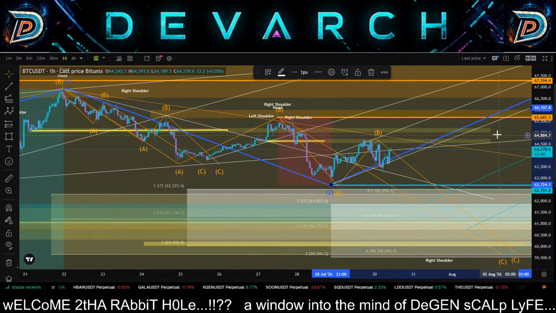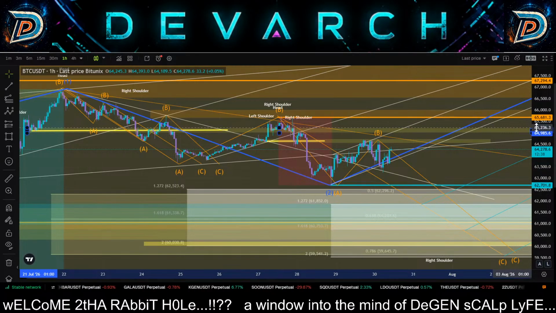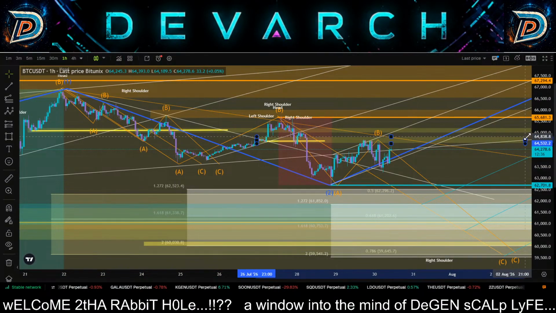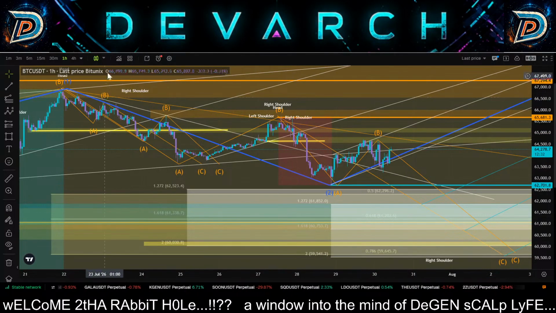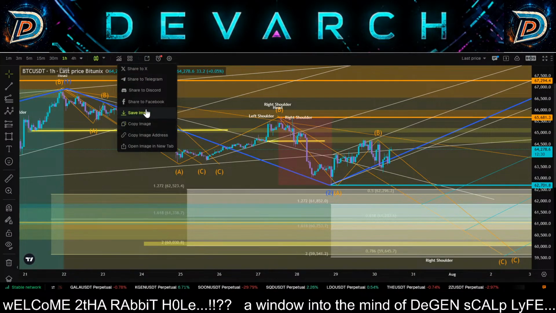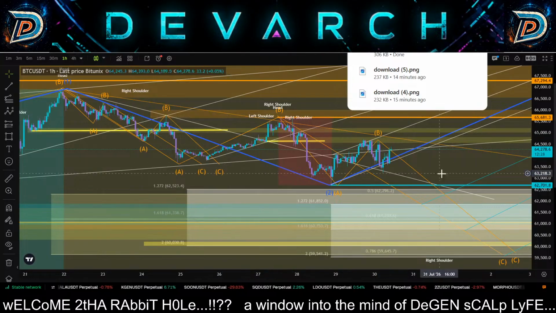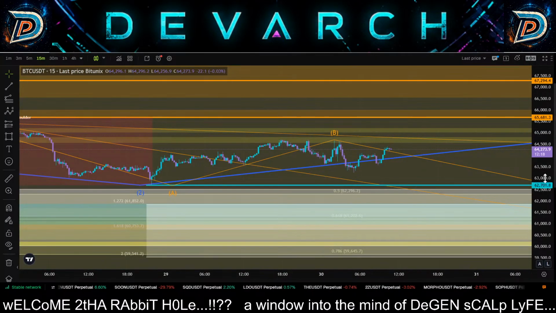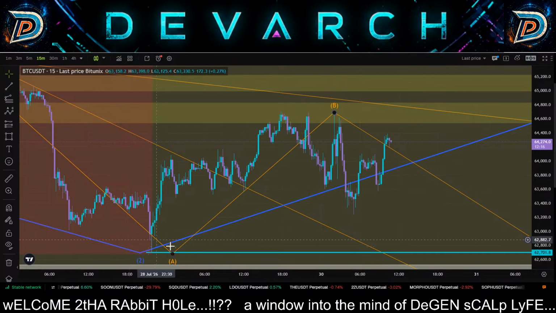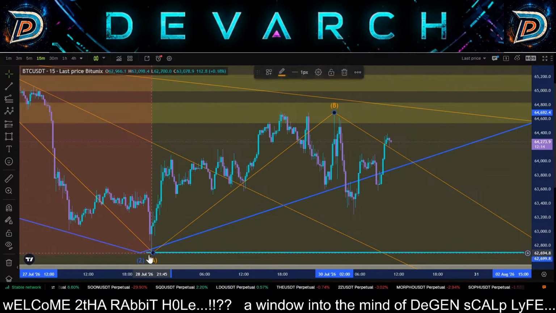Extend these zones out. Let's save this. And let's go down one more wave fractal. I usually skip 30 minutes and go from 1 hour to 15 minutes. Let's check out what we got going on here.